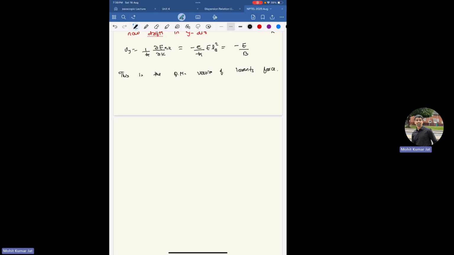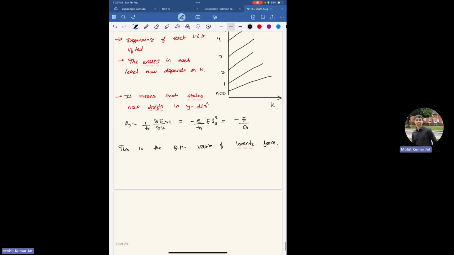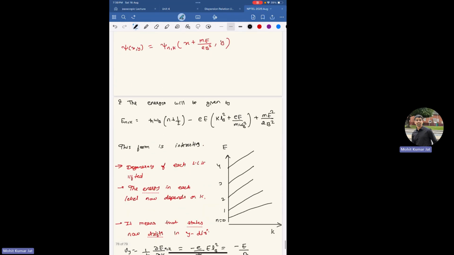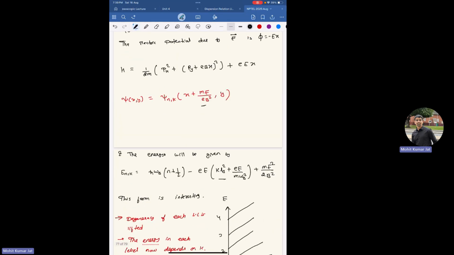And the fact that the particles are now moving also provides a natural interpretation of the energy. A wave packet with momentum k is now localized at position x equals minus k l_B squared minus eE by m omega squared. This part which you are seeing here is now localized, and the middle term above can be thought of as the potential energy of the wave packet.